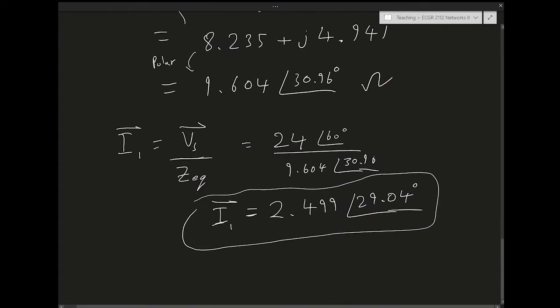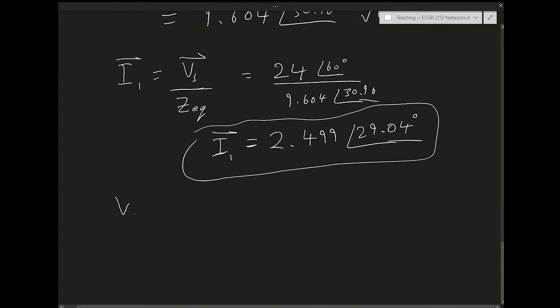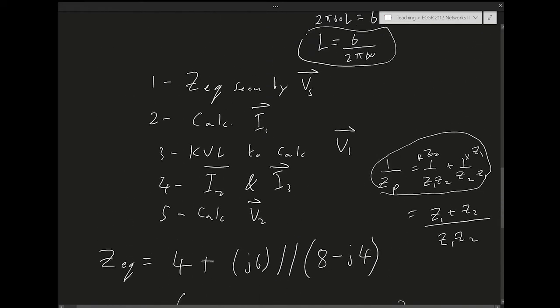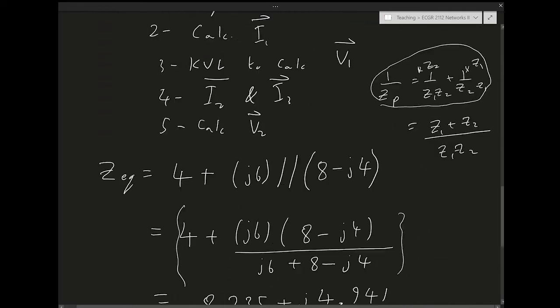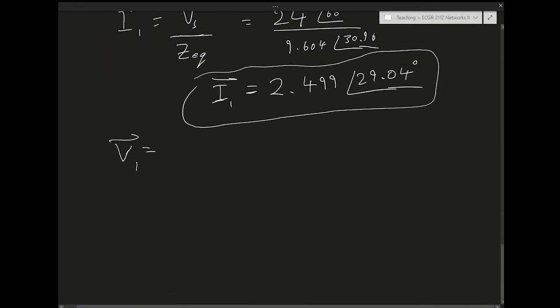Now using KVL, I know how to find V1, right? The voltage drop across this loop is 0, right? So V1 is going to be Vs minus the voltage drop across 4 ohms due to I1. This is obtained directly from KVL.